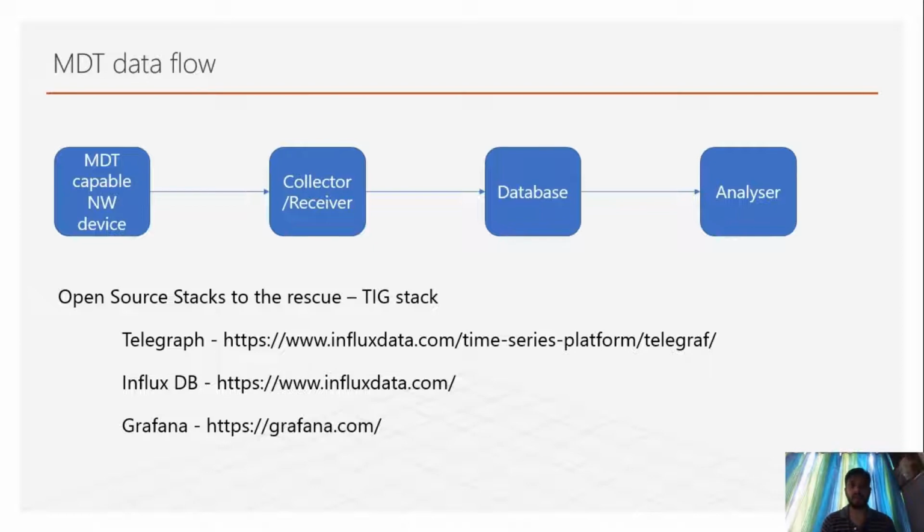In this demo, it's going to be Telegraf, which is a product of Influx company, and the Telegraf plugin is going to parse and collect the data, and then write the data onto the Influx time series database. So the database, the third box in our case, is going to be the InfluxDB. And finally, we're going to analyze the data on Grafana platform, which is again an open source platform. So this is going to be our open source stack for consuming the MDT data.